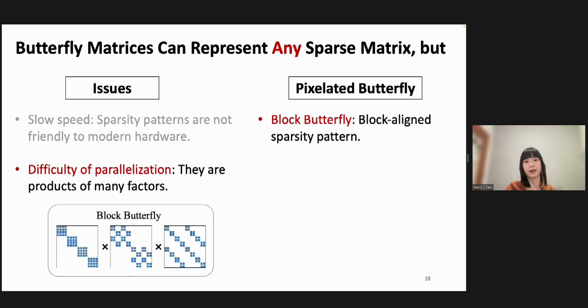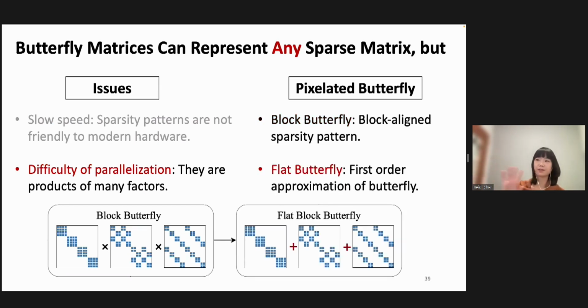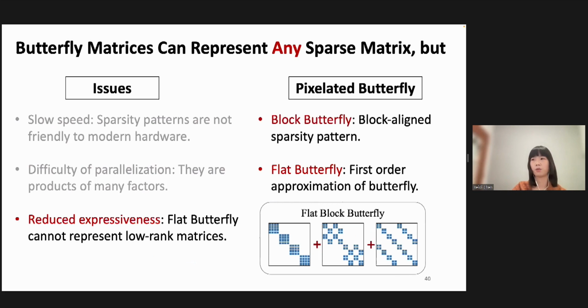Even with this block butterfly, it is still not efficient because there are many products. If we have a series of operations, we need to do a lot of reads and writes. Also, in training, if there are more matrices, it's not that stable. One of our first tries was the flat block butterfly, where we take the first order approximation to the butterfly matrix, turning this product into a sum. In this way, we go back to a single sparse matrix. But what is the problem?